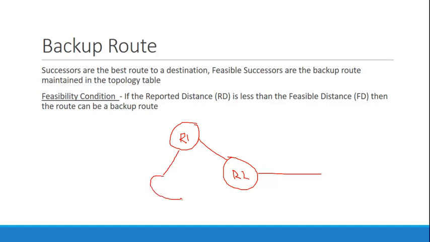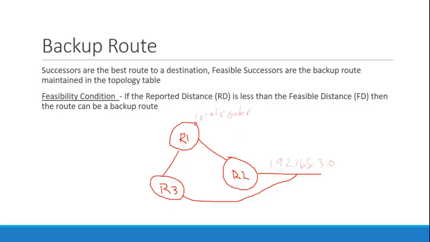Let's say R1 is also connected to R3, and he's also connected to this network somehow. And we're going to call this network the 192.168.3.0 network. Okay, we're going to sit on R1. He's our local router that we're going to deal with right now.